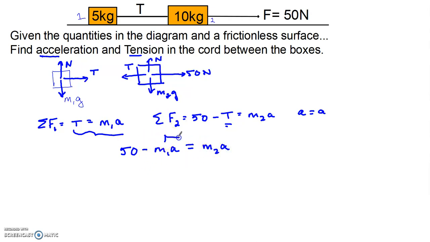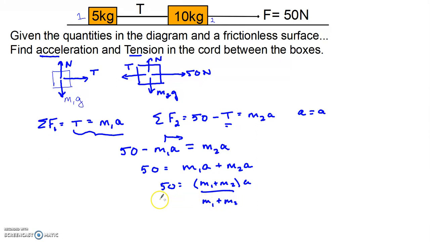Move my acceleration term to the other side. So that'll be 50 equals M1A plus M2A. And if I pull that A out, that's M1 plus M2 times A. And so to solve, I just divide both sides by the sum of those masses, M1 plus M2, which is going to be 15.